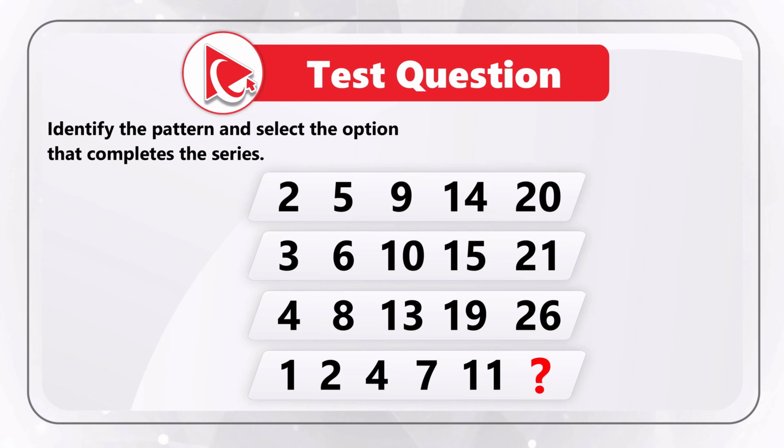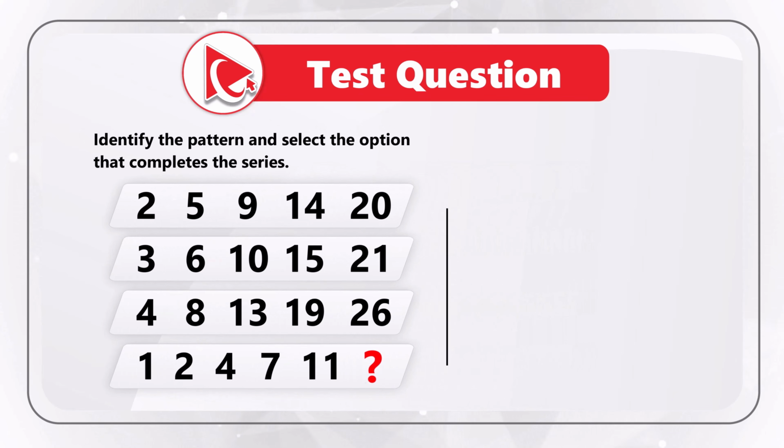The second row is 3, 6, 10, 15, and 21. The third row is 4, 8, 13, 19, and 26. And last but not least, the fourth row has the series of numbers 1, 2, 4, 7, 11, and then comes the missing number. You need to detect the pattern and select the missing number out of 4 possible choices.